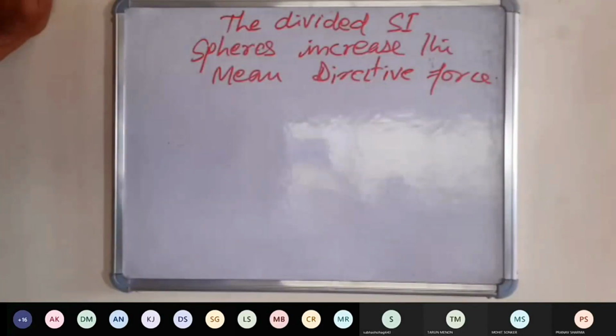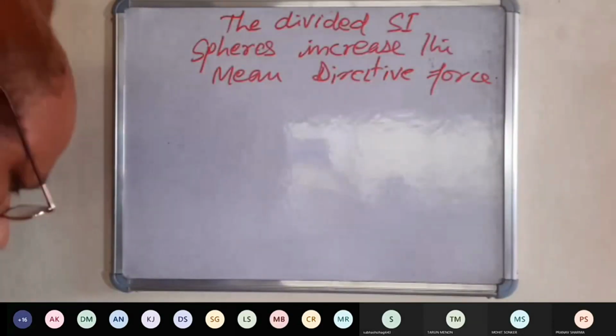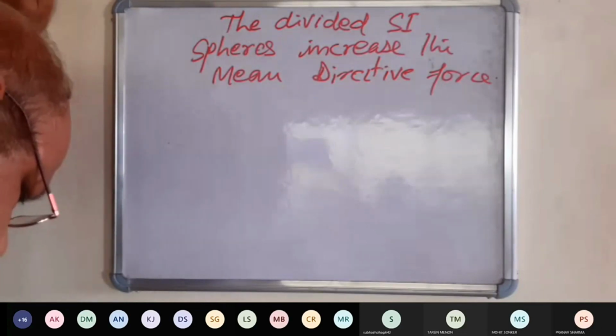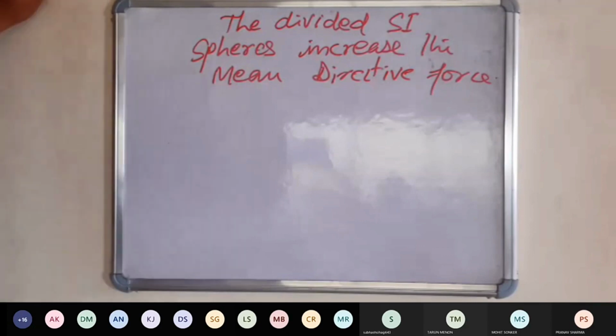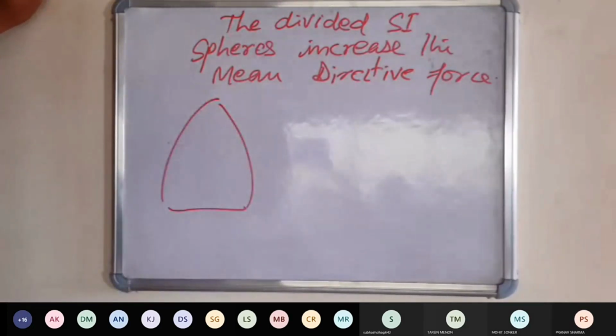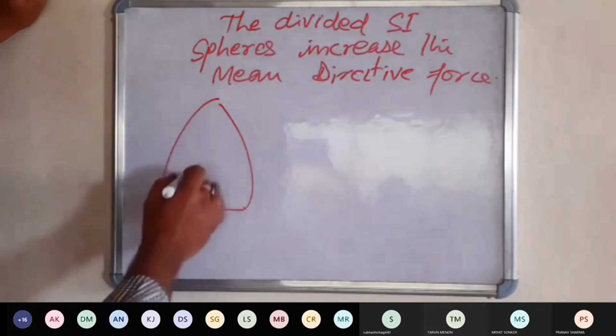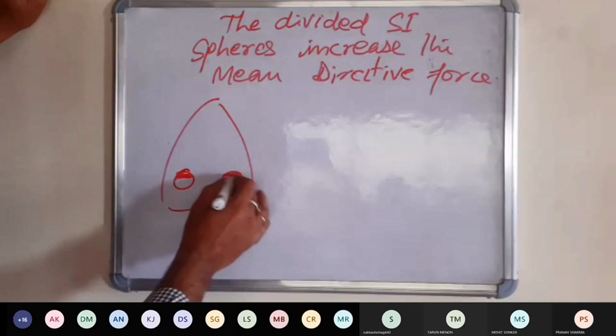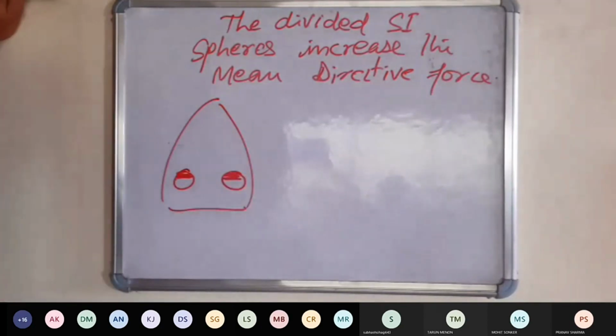Since we talked about it a little just now. So what happens when the ship is going like this? The soft iron, this end is becoming like this.